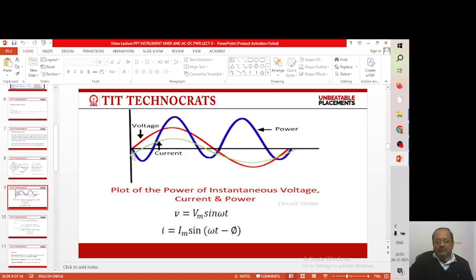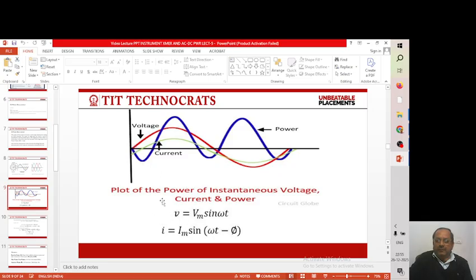Since these waveforms are varying, the equation of voltage in this circuit is given with respect to a sine angle. So this waveform is called sinusoidal.